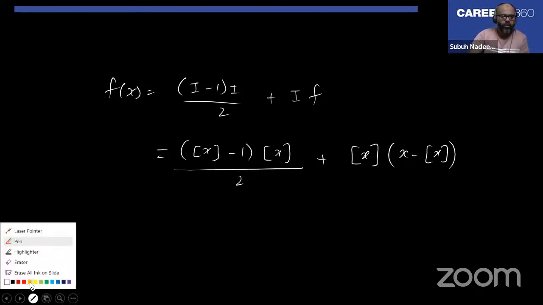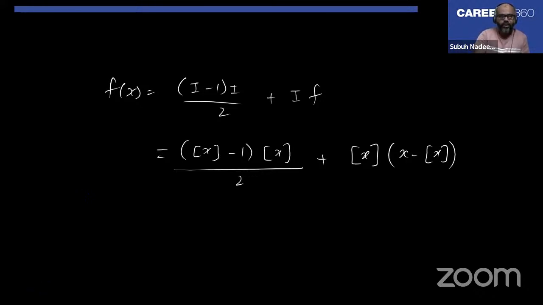Now, if we talk about any integral point, let us take the limit x approaching I plus, the right of I. So what will happen is that this f(x), when we apply I plus, greatest integer of x will be I. So we get I minus 1 into I by 2.